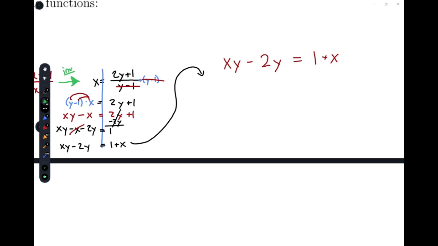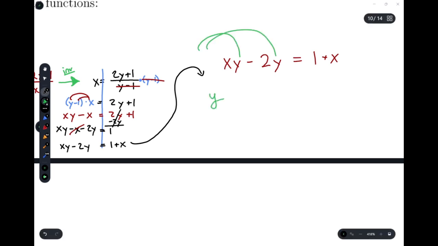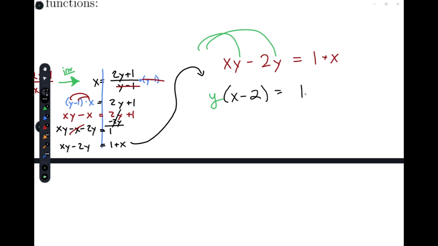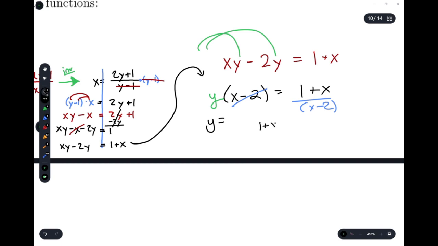How did we get y by itself? What's that called? We are moving it to the outside like that, right? What's it called to do that? Factor out a y. And last but not least, like that. So y equals 1 plus x over x minus 2.